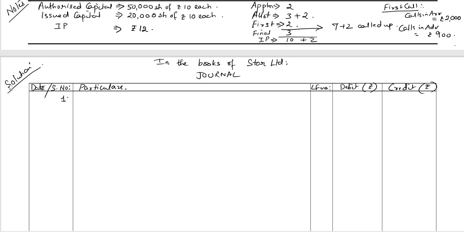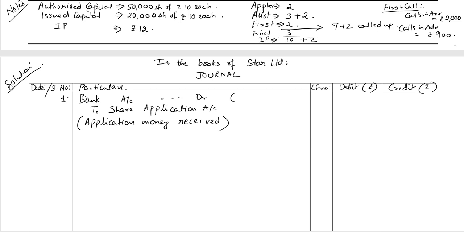The first journal entry is for the receipt of application money. Bank account debit to share application account for the application money received.